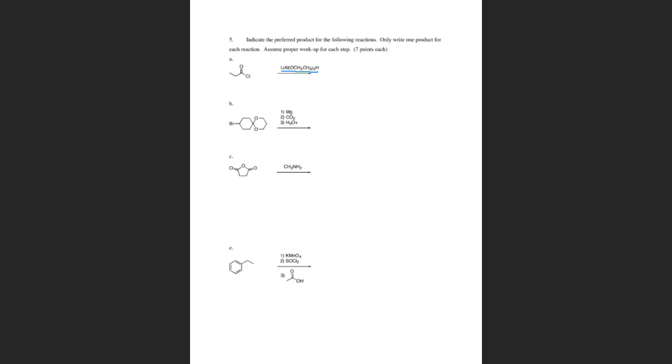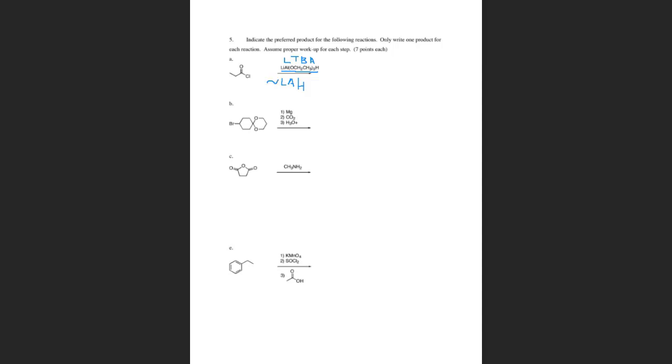Okay. I believe that actually, oh no, I'm incorrect here. But it works like LAH. This is not exactly LAH. This is something called LTBA. Here, I'll put a squiggle.